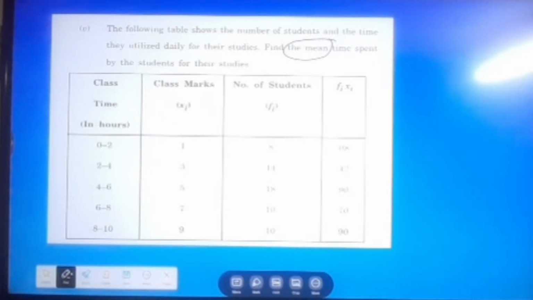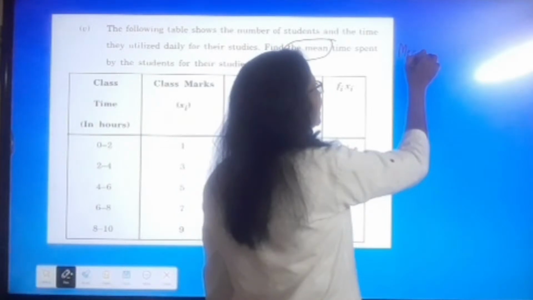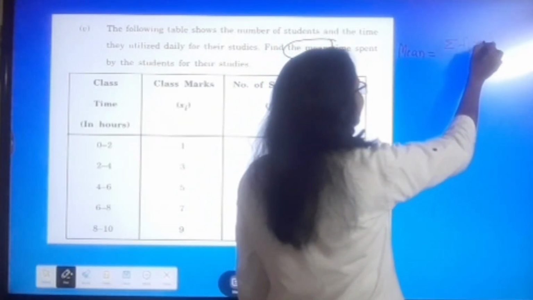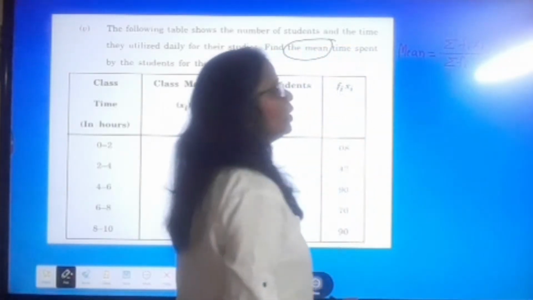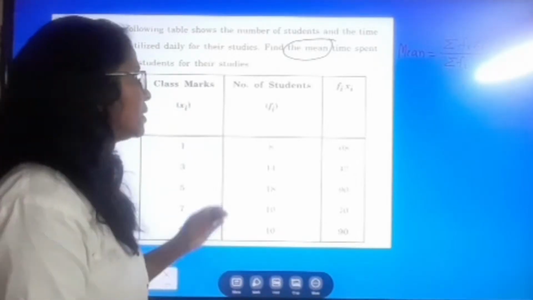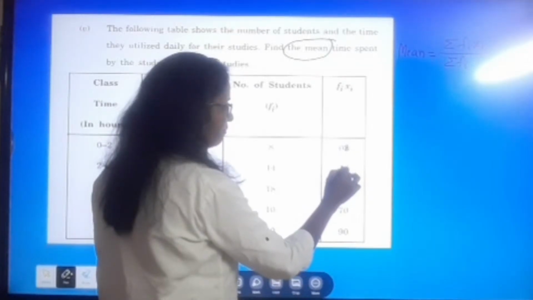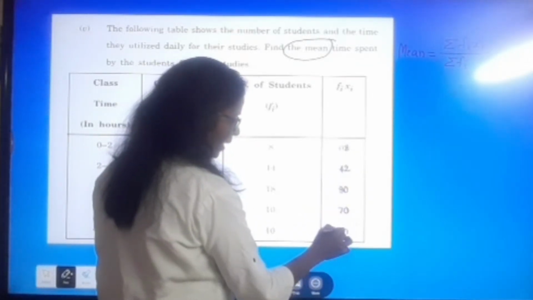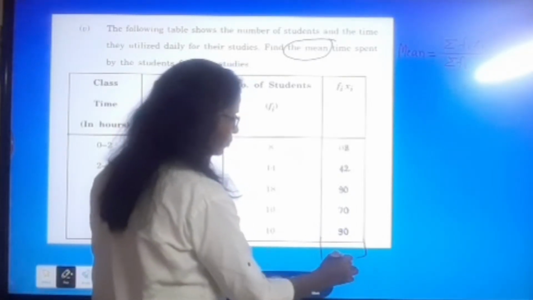So now here students, the formula for the mean is equal to summation FiXi divided by summation Fi. Okay, so what is the summation Fi? Summation Fi means the sum of Fi. Here I make the last row.